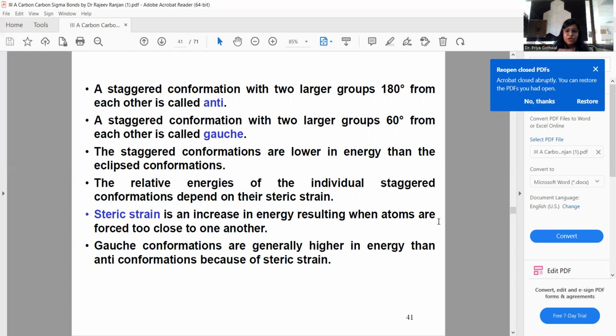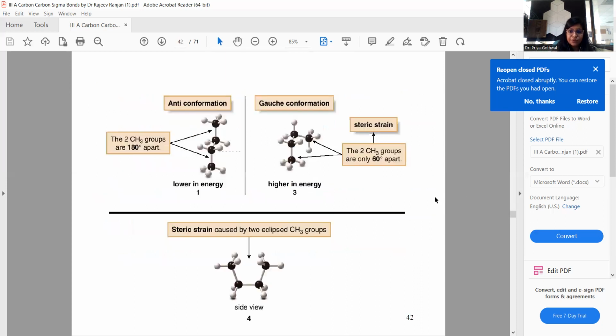The relative energies of the individual staggered conformations depend on the steric strain. Steric strain is an increase in energy resulting when atoms are forced too close to one another. So Gauche conformations are generally higher in energy than anti conformations because of steric strain. This is due to steric hindrance, a steric phenomenon that occurs in this kind of example.